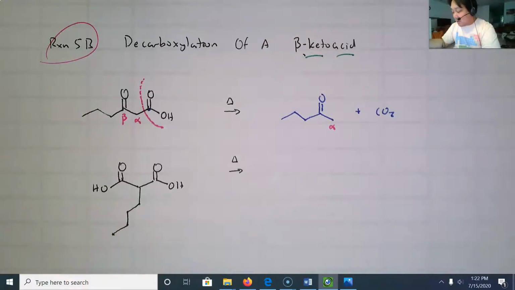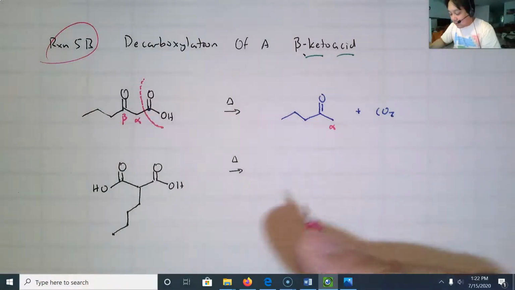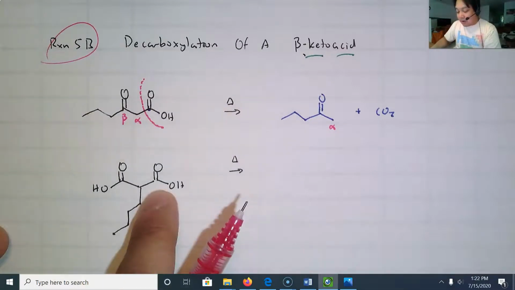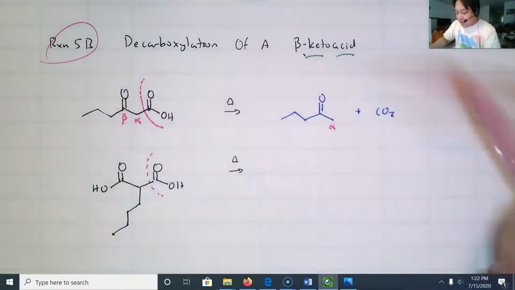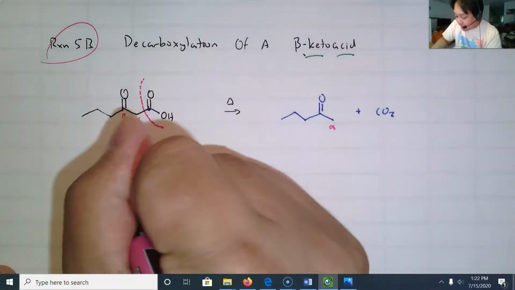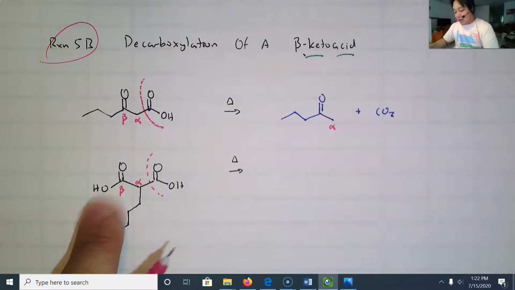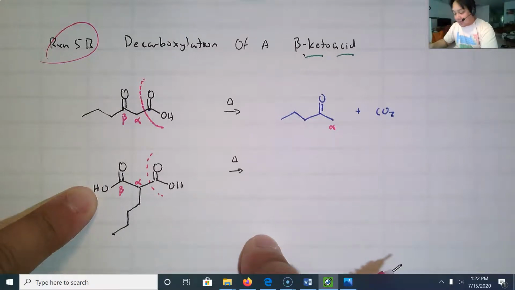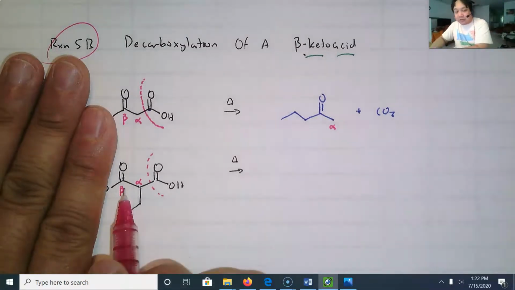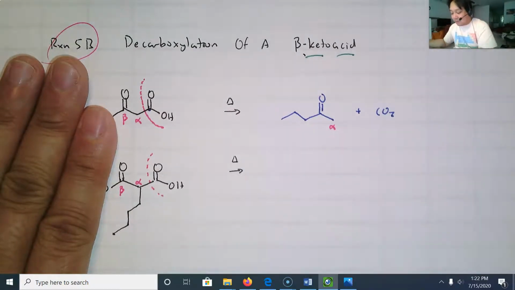Take your thumb again, or you could use this dotted line idea. We're going to make this the carboxyl group that we're going to remove. You see how still in the beta position we have a carbon-oxygen double bond. So whether it's an aldehyde or ketone or carboxylic acid, as long as you have that carbon-oxygen double bond, this can be decarboxylated. It can fly off.